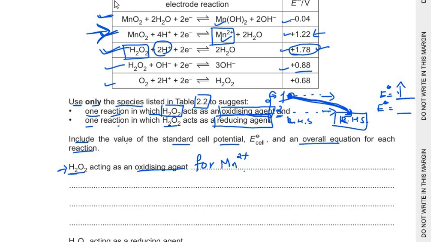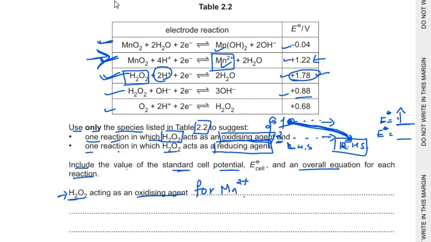Yes. Now how do we calculate the E cell value and how do we make an overall equation? The first thing we need to understand is that the one which is lower in the electrode potential value has to be reversed, because if manganese Mn2+ is going to get oxidized, it is going to lose the electrons, so electrons have to be on the right side.